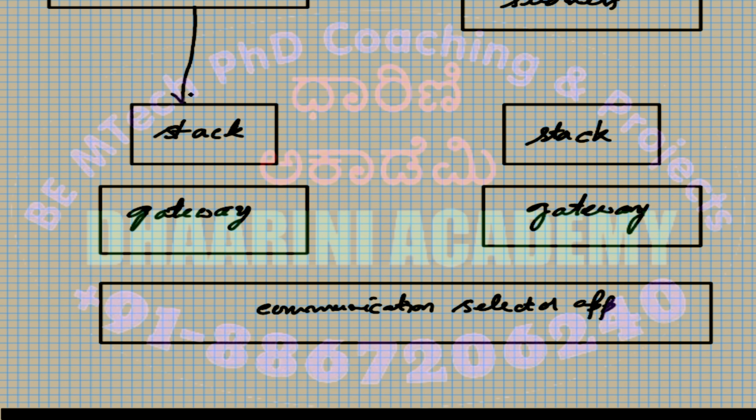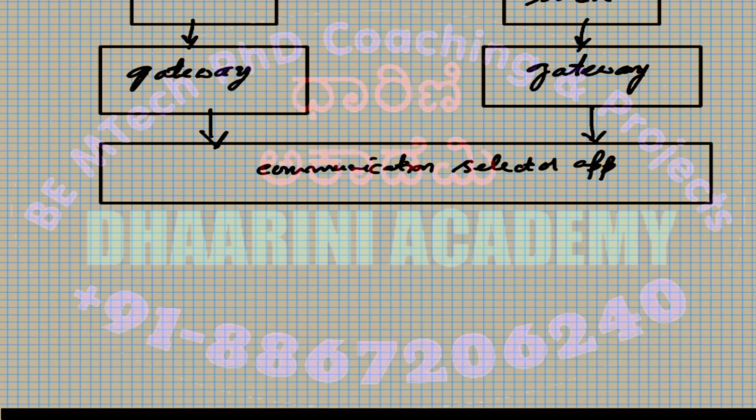So this is coming to the stack, then comes to this, then comes to this. Similarly, this side also it comes to this, and it enters into this, right? So again, you have some of the protocols that run on the background.